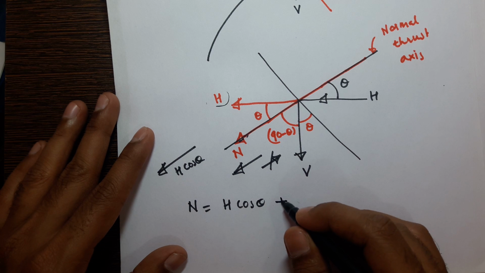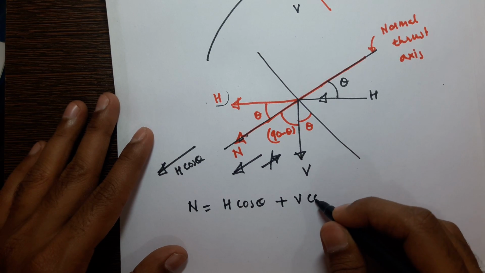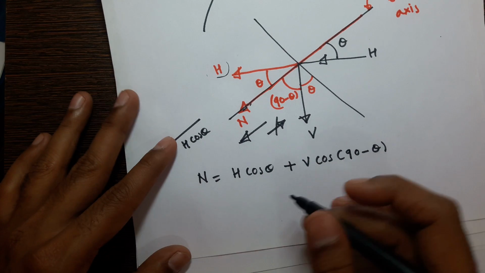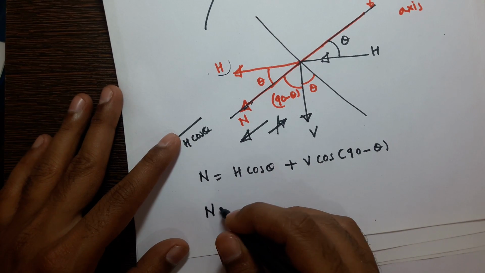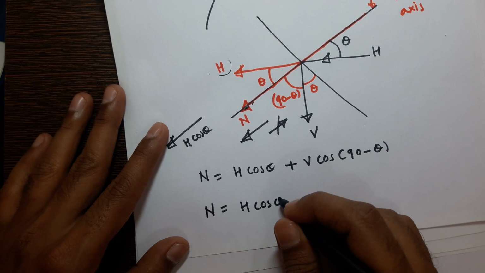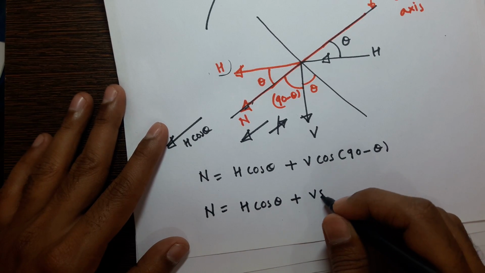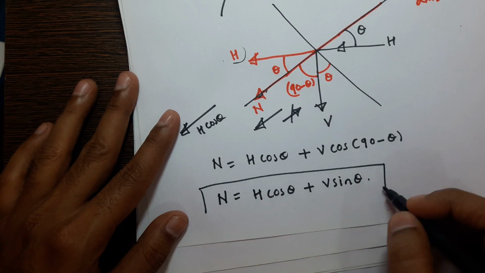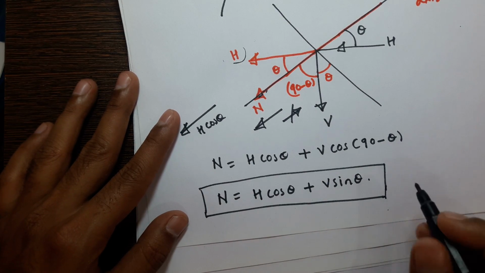So that is why plus V cos(90 minus theta). I can rearrange this formula: normal thrust equal to H cos theta plus V sin theta. So this is the formula of normal thrust and we can use it.